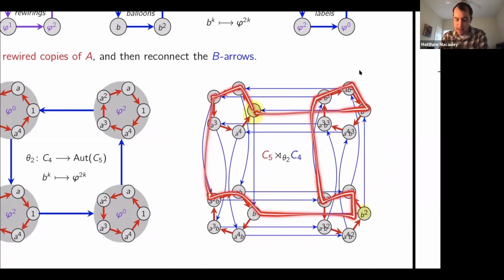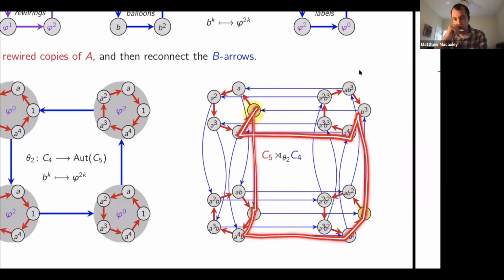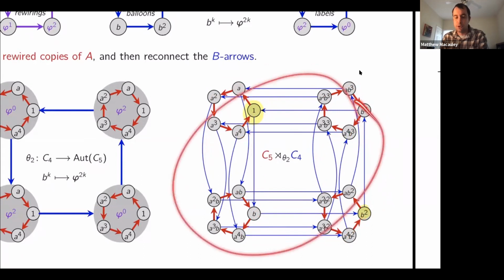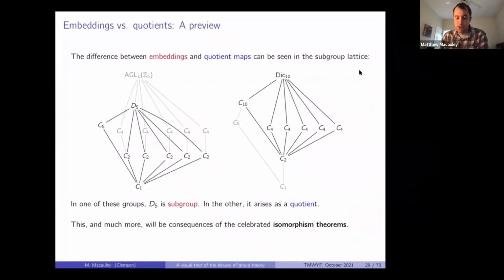Red, red, blue. That element has order 5. So what about blue, red, blue, red, blue, red, blue, red? That has order 5. So you can figure out which one is which by looking at, is there one element of order 2 or 5 elements of order 2?